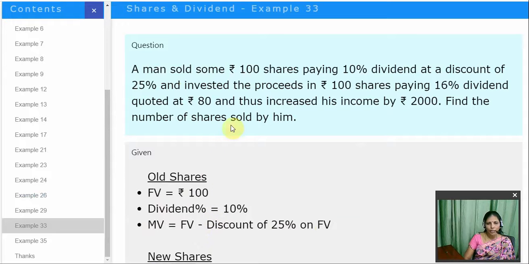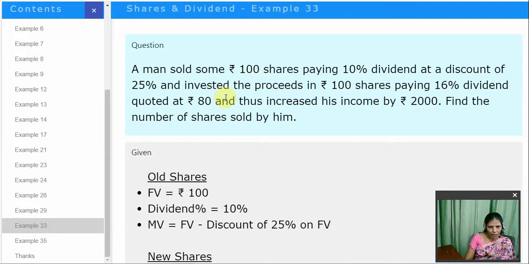Next what happens? He invested the proceeds in rupees 100 shares, paying 16% dividend quoted at rupees 80. So he is investing the sale proceeds. First time he is selling some shares in the market, and he will be getting the amount in his hand.